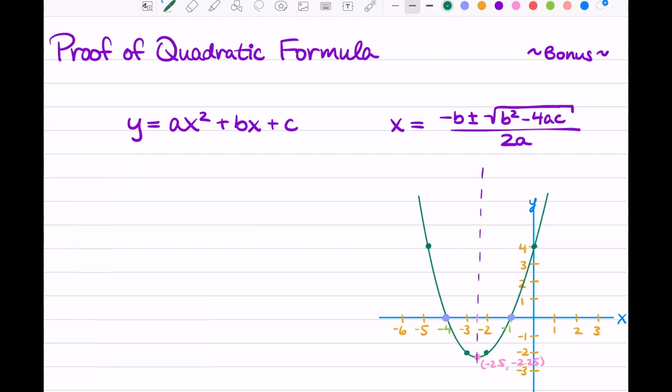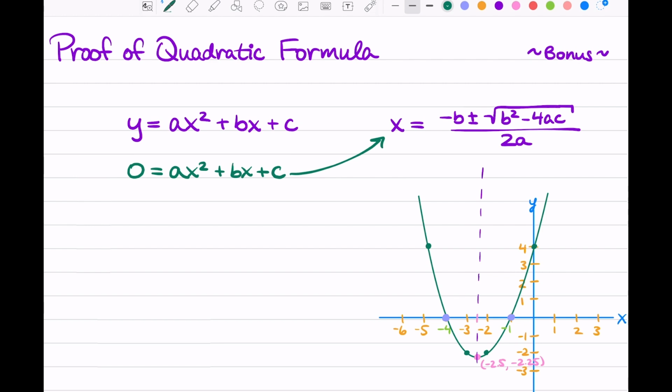So looking back at the quadratic equation, the roots are the solutions to this equation where y equals 0. So if we plug in 0 for y, and we solve this equation for x, we should get the quadratic formula. Solving for x here would give us the solutions where y equals 0.